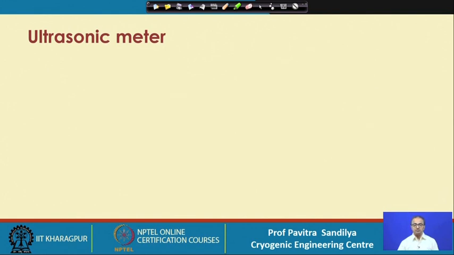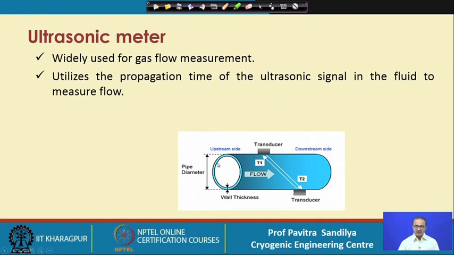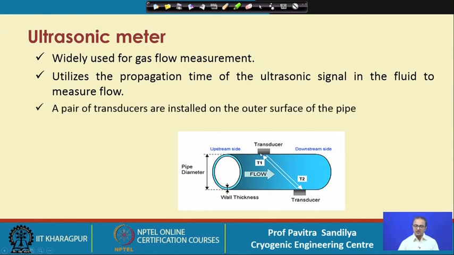And lastly, we come to the ultrasonic meter. As we said, this is very widely used for gas metering, and it utilizes the propagation time of some ultrasonic signal through the fluid. Some fluid is moving, and we have some kind of transducers which are generating these ultrasonic waves through the fluid, and these transducers are installed at the outer surfaces of the pipeline.